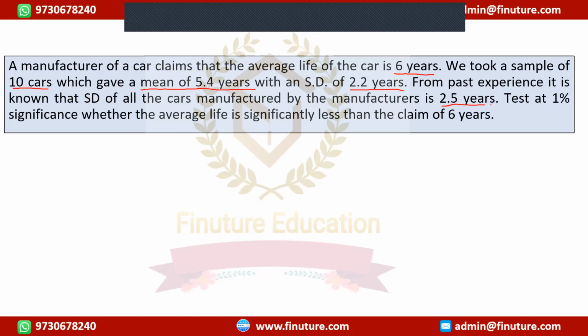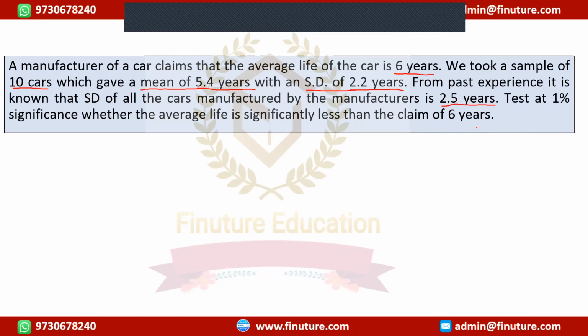So this is a population standard deviation. This 2.2 standard deviation is for this sample of 10 cars. And this 2.5 year standard deviation is the standard deviation of the population, which has been given to us from past experience. Test at 1% significance whether the average life is significantly less than the claim of 6 years.